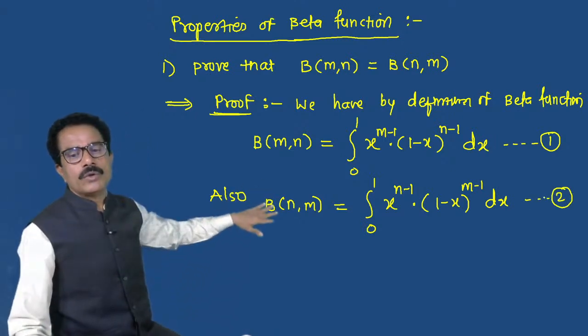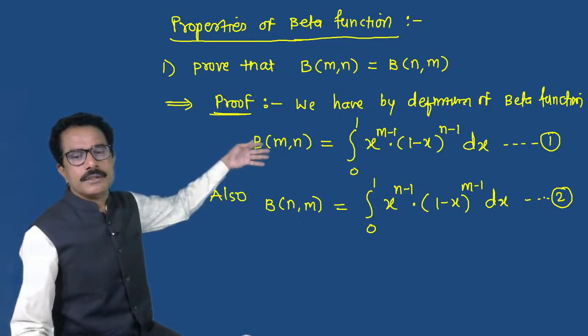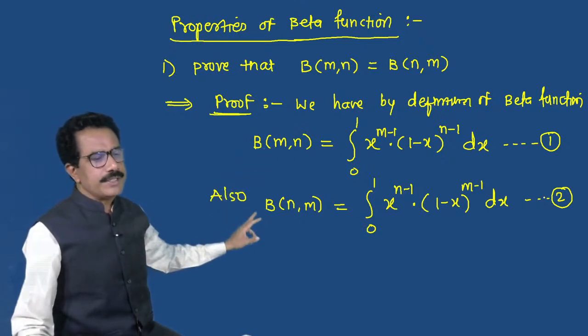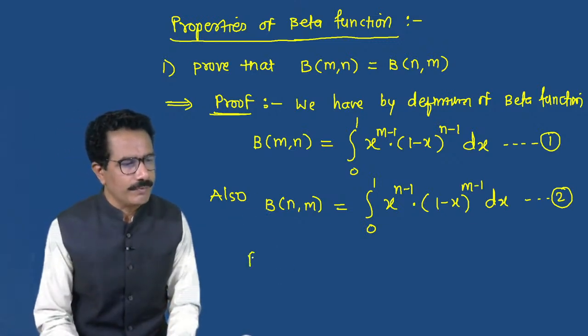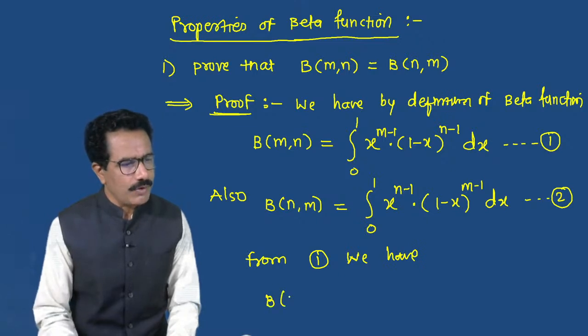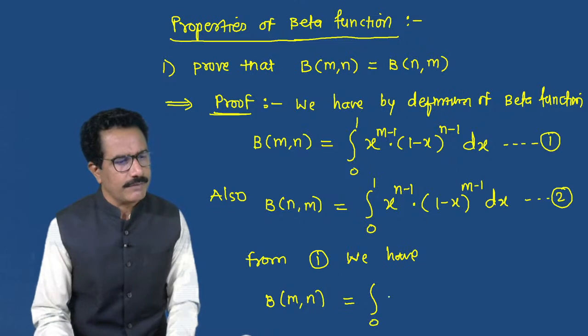Now what we have to prove? Now we have to prove beta m comma n is equal to beta n comma m. Now from 1 we have beta m comma n equal to the integral from 0 to 1.